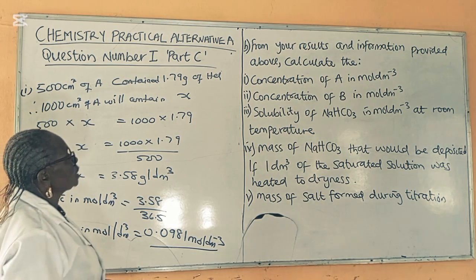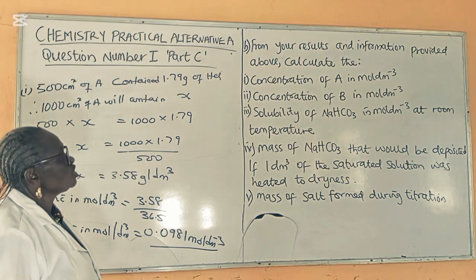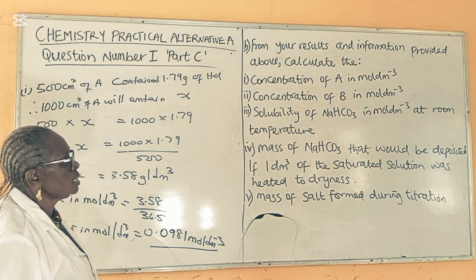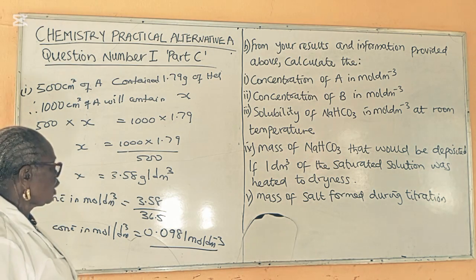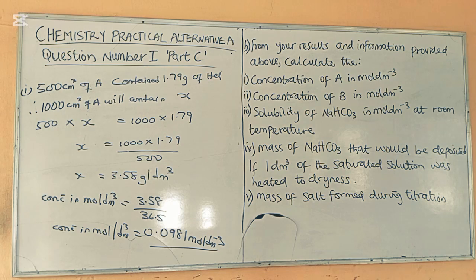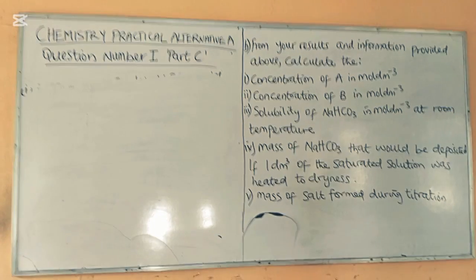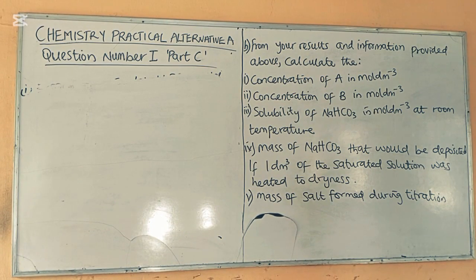I want to go to number 2 that says concentration of B in moles per dm³. So we are using the formula CAVA question, which is concentration of B in mole per dm³.